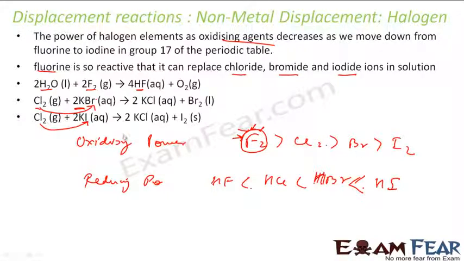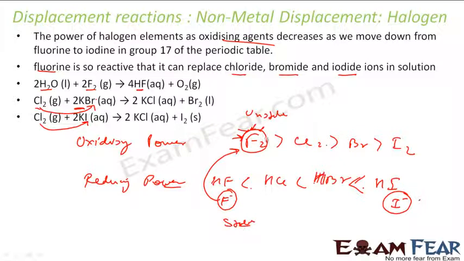Similarly, if you talk about reducing power, it is just the other way around. See, F minus is happy to be in the F minus state, but iodide goes easily to the I2 state. F minus is happy in its state, so it will not try to go to the F2 state, right? As I told, this state is unstable and this is stable.